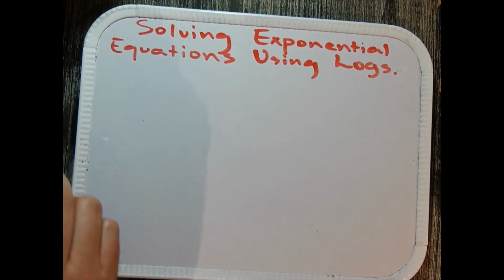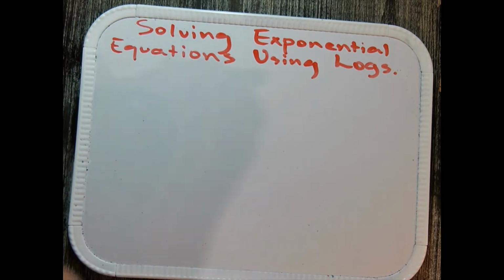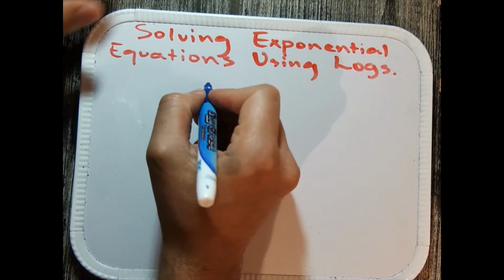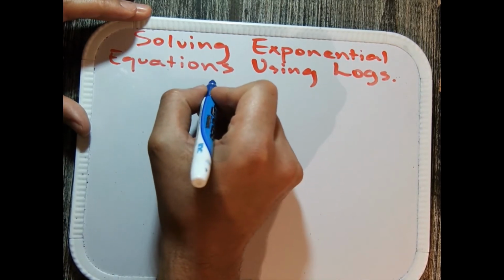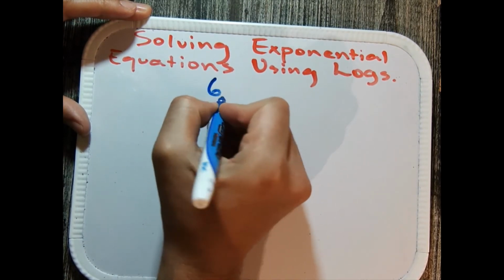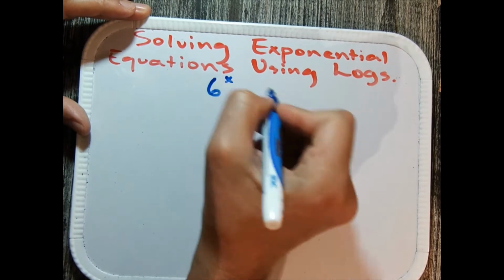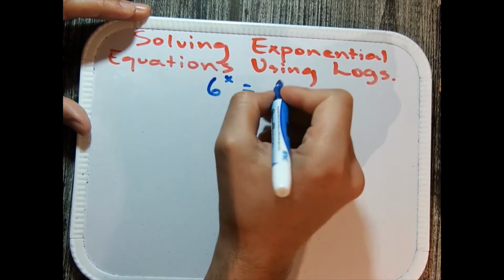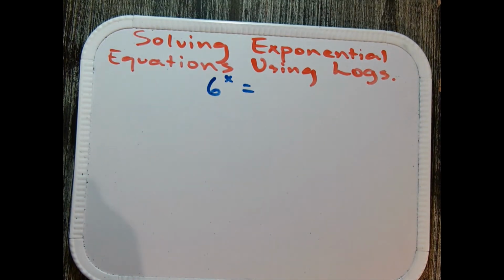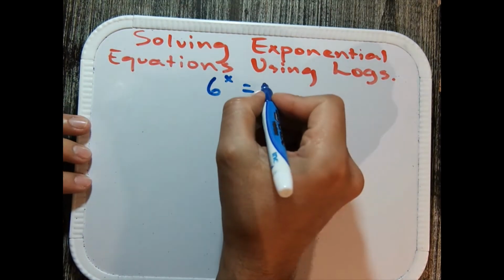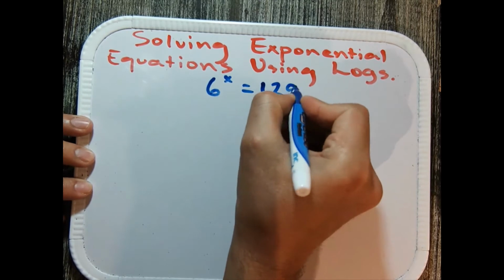All right, for this example, what we have is a base of 6 raised to some power x equals 1,296.